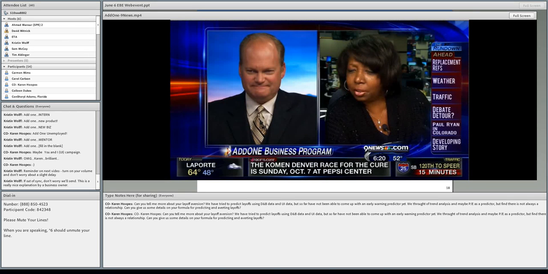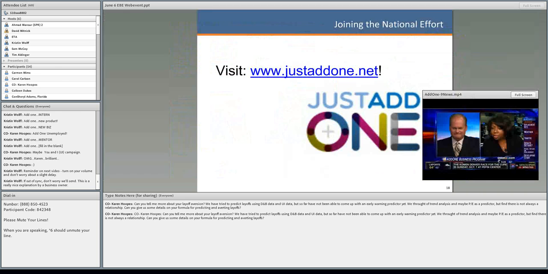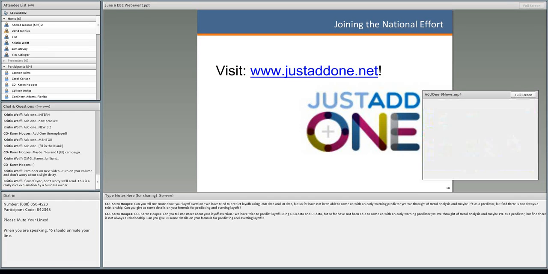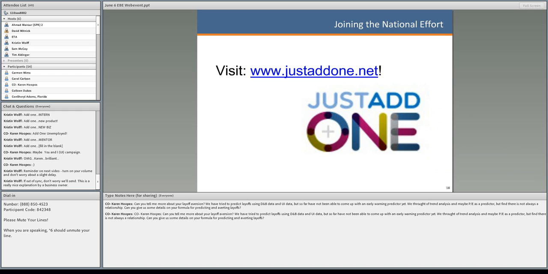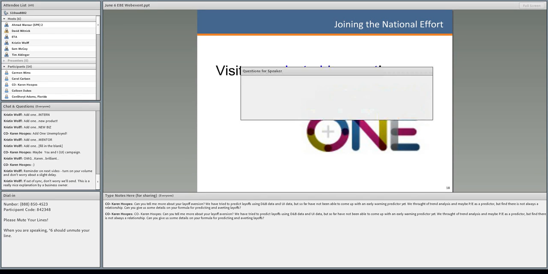So I think this gives the picture of how Ad 1 is a great way to really engage business as a partner and show how workforce and economic development can be driven by the business community and owned by the business community, and then as workforce professionals we can really underscore and support those efforts with the tools and processes that we have.